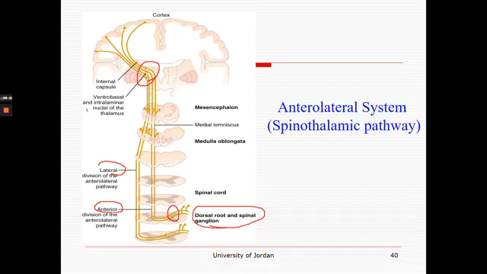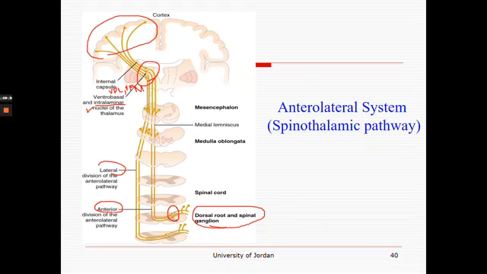And also, especially for pain, they go to the intralaminar nuclei of the thalamus. Intralaminar. So, besides the ventrobasal, VPL, VPM, they go to the intralaminar nuclei of the thalamus, and from there they go to the postcentral gyrus, which is the primary somatosensory area.